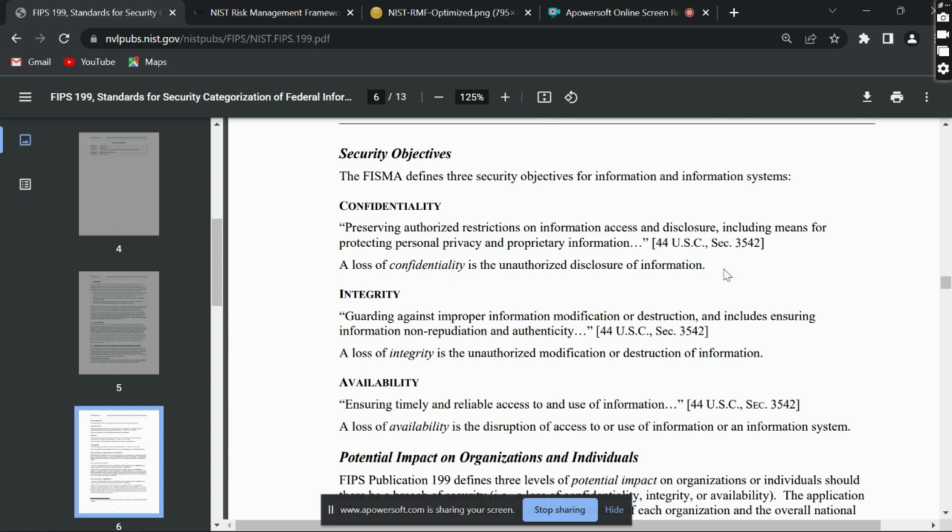So, for instance, if you are protecting a system, you are not supposed to let your friends or other people know what information it contains. You are supposed to keep every bit of information secret.